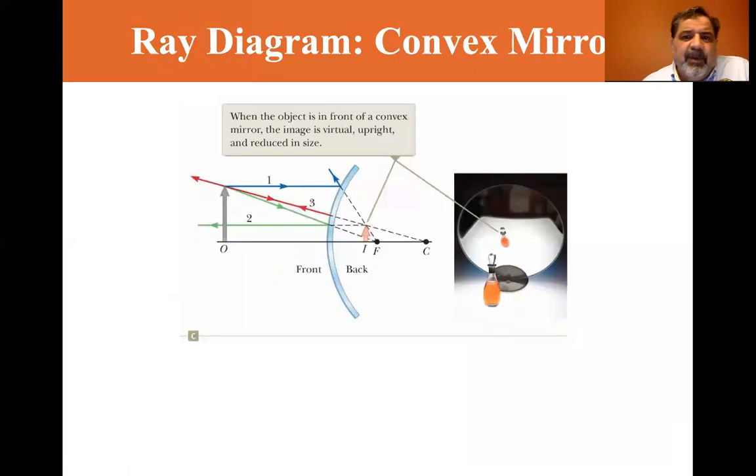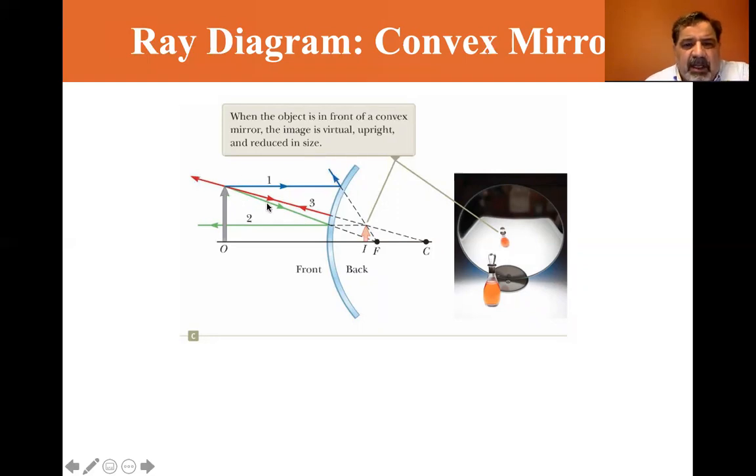Now we'll do the same for a convex mirror. You can see that the first ray, the top ray, hits and is reflected up. But notice how the image seems to come from the focal point. There's the red arrow. You can see the focal point. It continues this divergence of this ray.